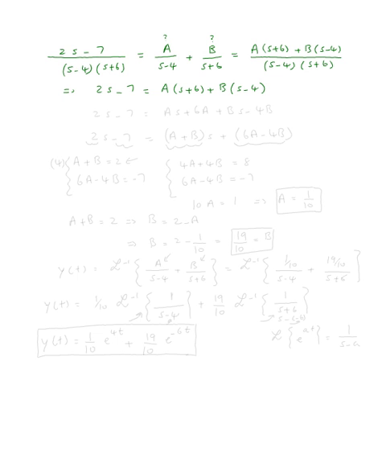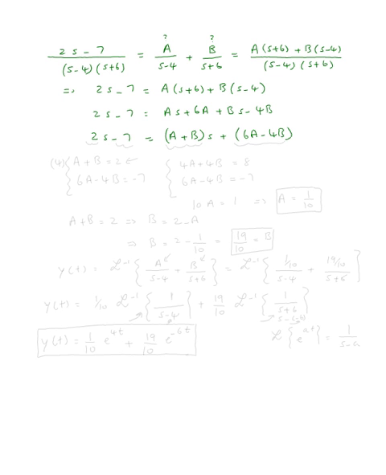We can even plug in s equal 4, but let's do it the usual way. Distribute: you get As plus 6A plus Bs minus 4B. So for 2s minus 7, I'm going to factor the s: A plus B times s plus 6A minus 4B.